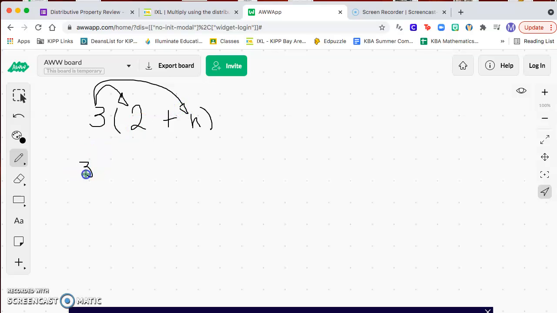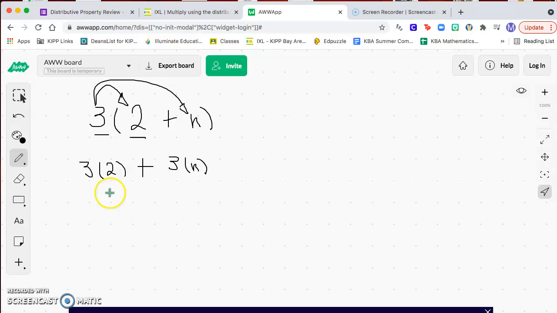So we're going to get 3 multiplied by 2. So I'm multiplying this with this, and I'm multiplying plus 3 times n.